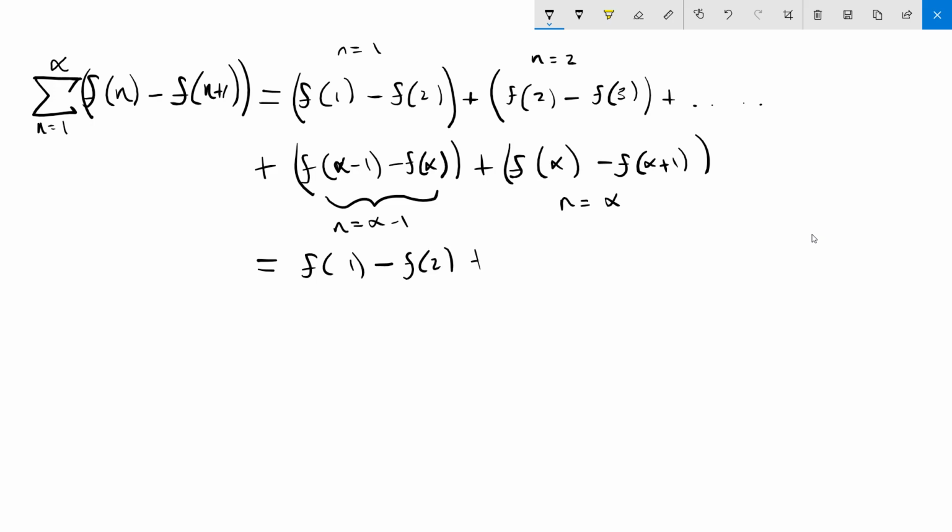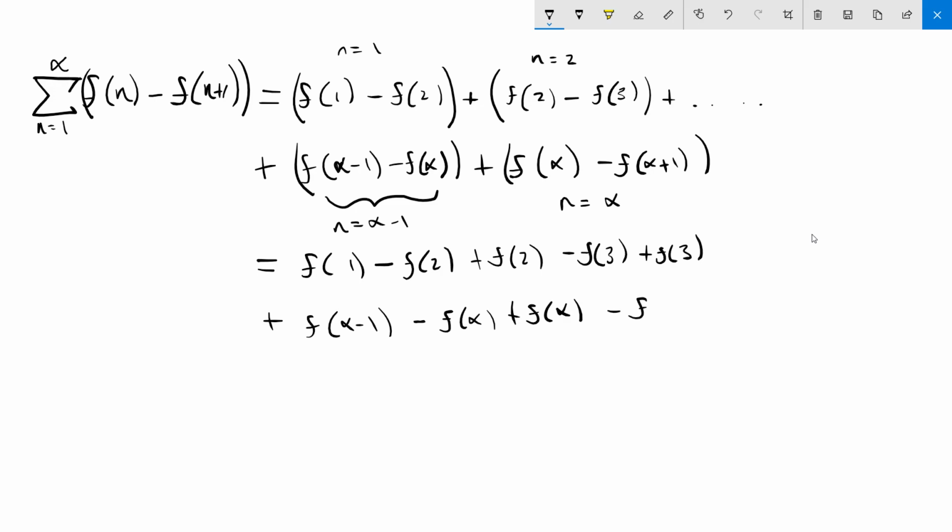Now we get plus f of 2 minus f of 3. And if we were to write the next term out, we would get plus f of 3. And we continue on this way until in our last two terms we get f of alpha minus 1 minus f of alpha, plus f of alpha minus f of alpha plus 1.